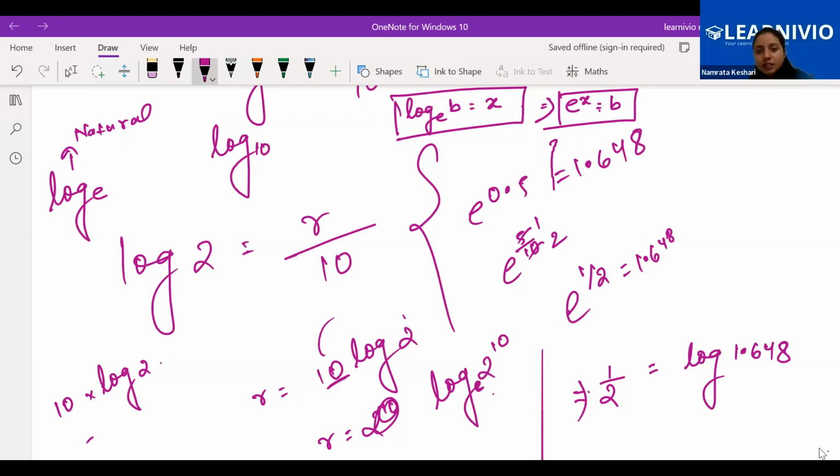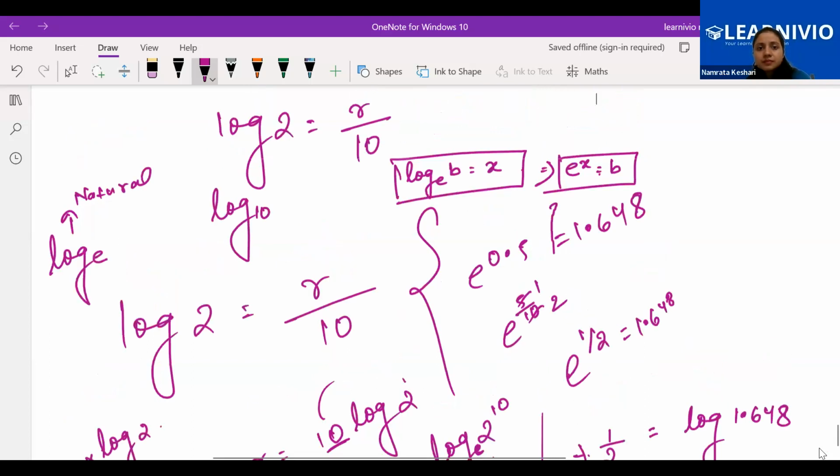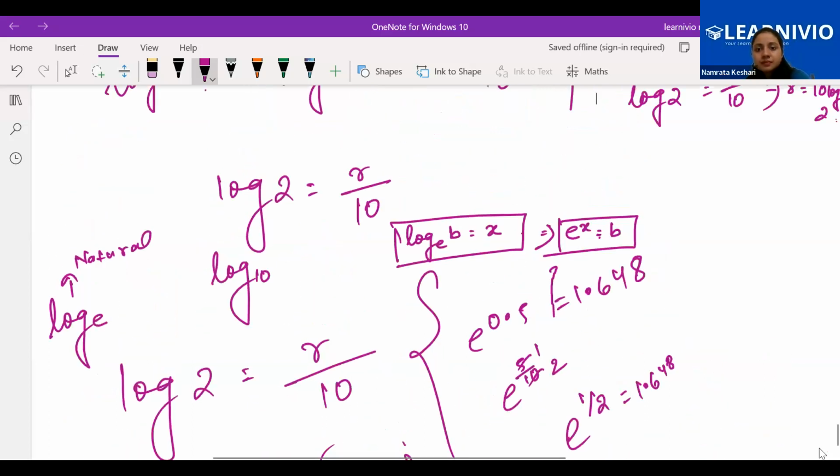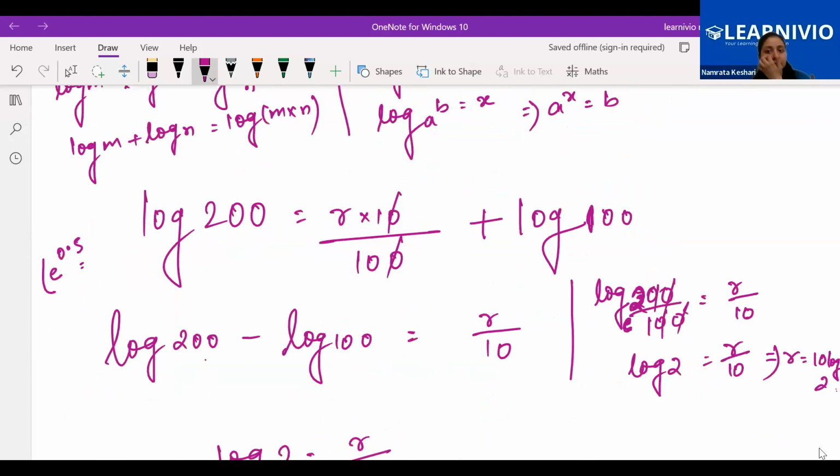Have we done any calculation error previously? Have you checked, Murtaza? No, ma'am. We have not done any calculation mistake. 200 by 100, which is just log 2, is equal to r by 10 we are having. Yeah, r by 10 obviously we are having, right?